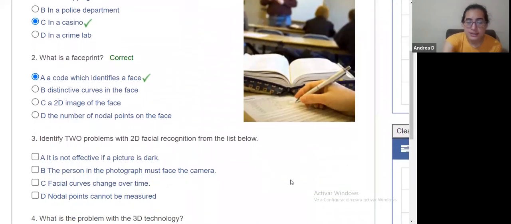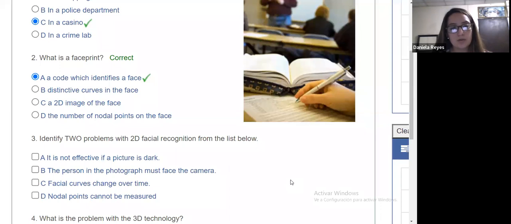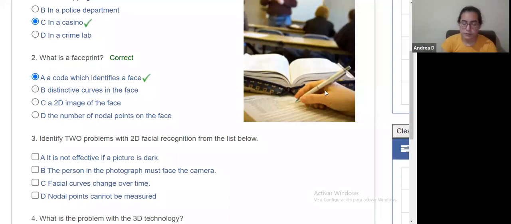Now, question 3 says, identify 2 problems with 2D facial recognition. So look at your notes, maybe, or if you remember, and try to go to the 2D part of your notes. So what are 2 problems with this technology? Letter B, the person in the photograph must face the camera. Okay, and the other one?